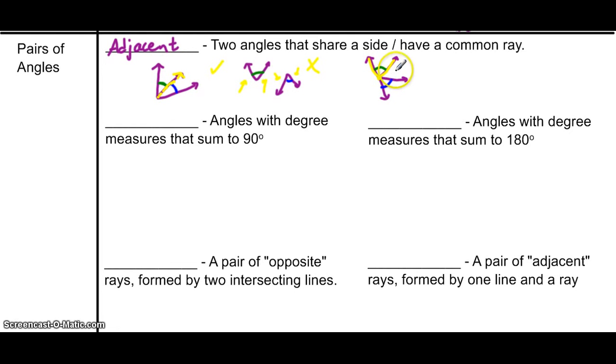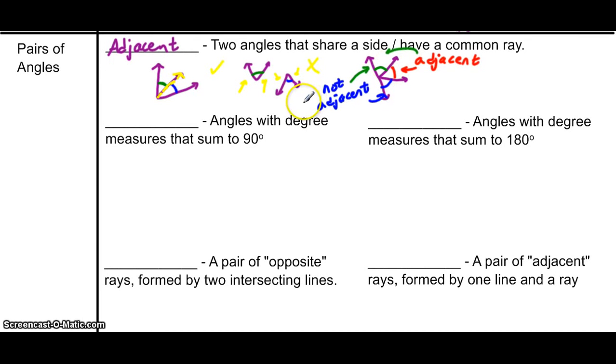They don't share a side. So these are not adjacent. However, if we were to put an angle here, we could see that the green angle and the red angle are adjacent because they do share this ray right here, but the green angle and the blue angle are not adjacent.